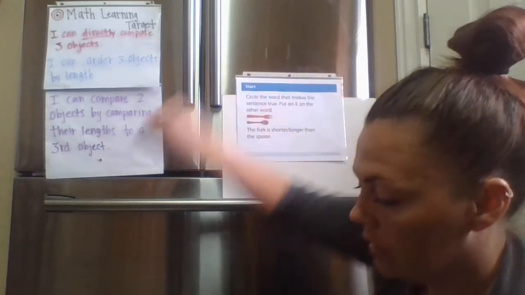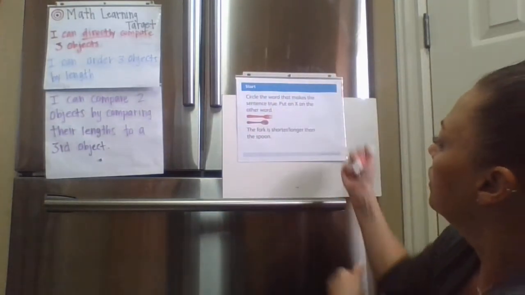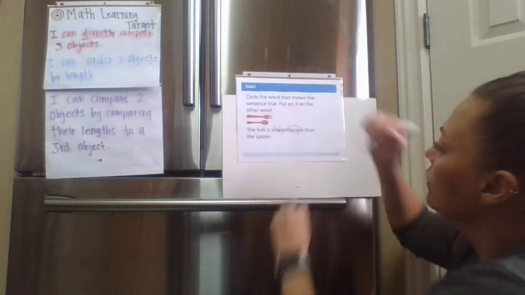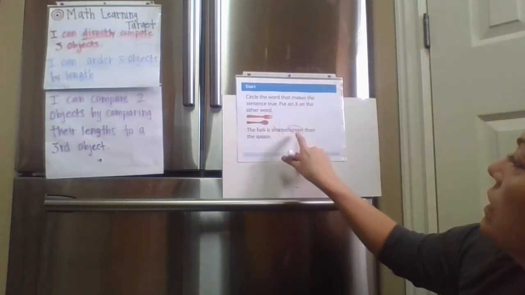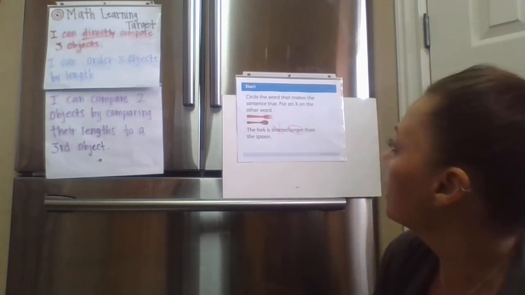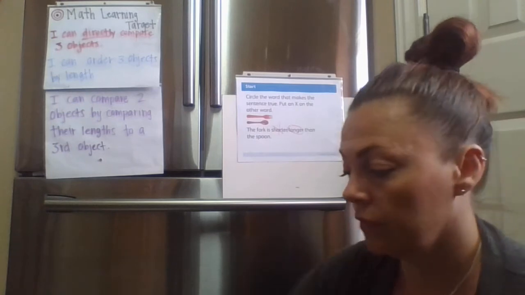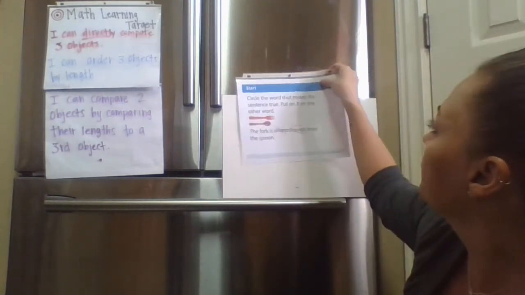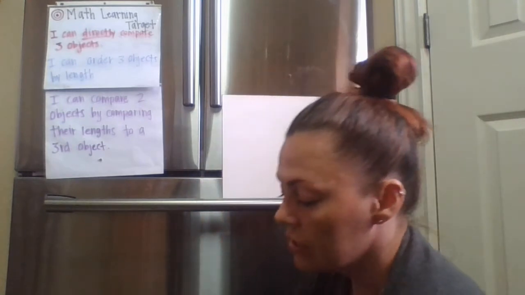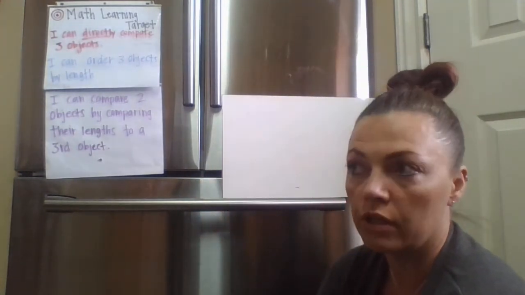So we would circle the word longer and we would put an X over the word shorter. So it says the fork is longer than the spoon. So the word longer makes that sentence true. Okay? All right, so that is just comparing items to each other.